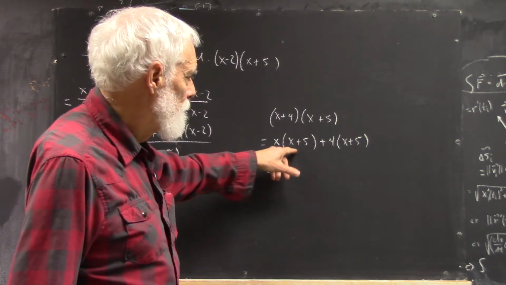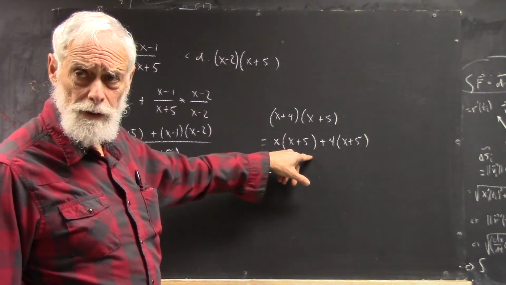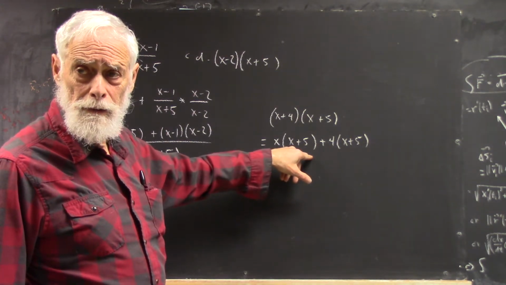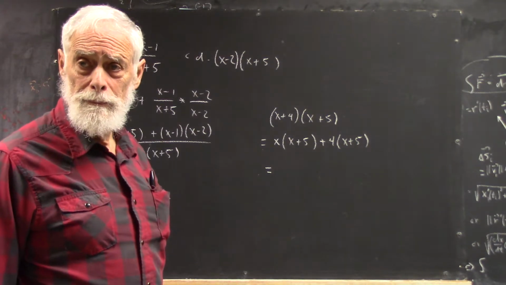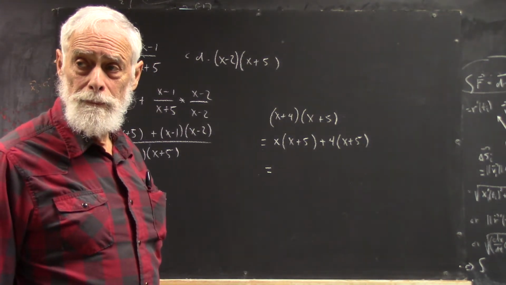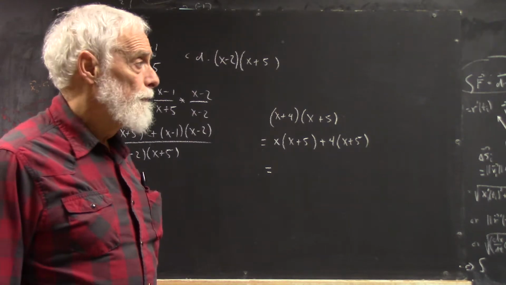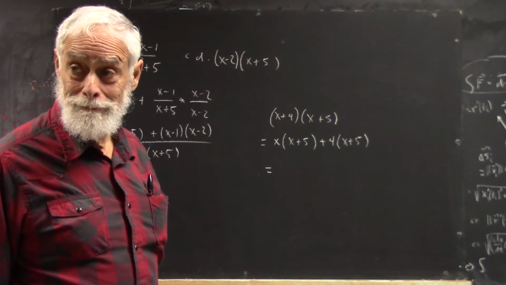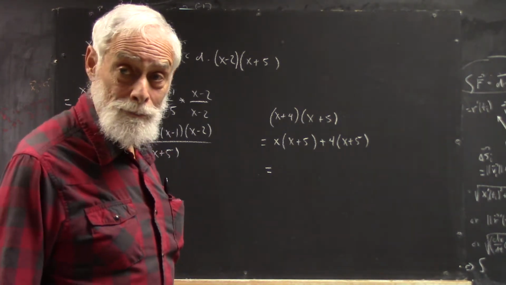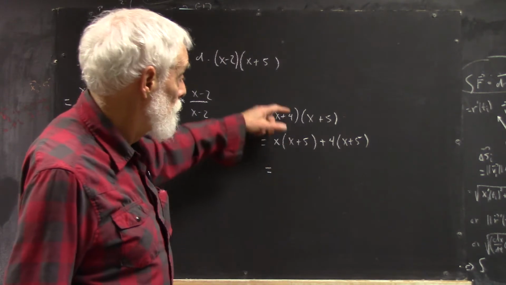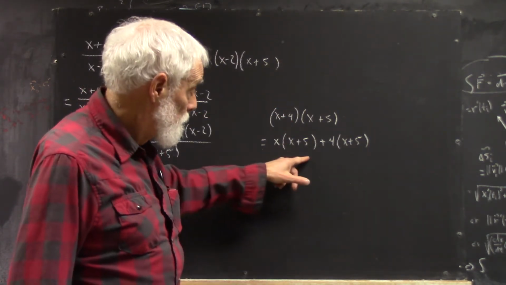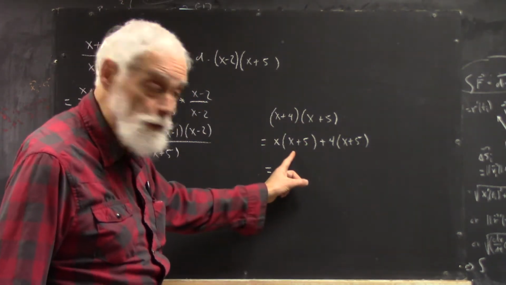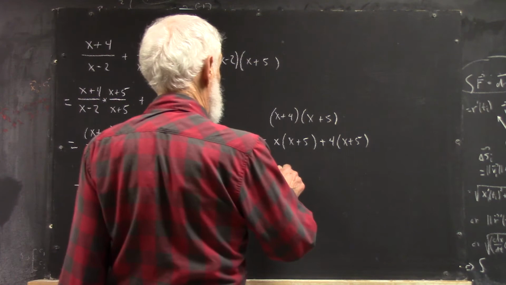So you have this. Well, what's x times x plus 5? How are you going to simplify that? You just multiply the x by the x and the x by the 5. What rule did you use there? That's the distributive law again. So we're using the distributive law twice. We use it to break it down to this, then we use it on this because we're distributing a multiplication, x times this, over the addition. You know what it is because you know it from habit.